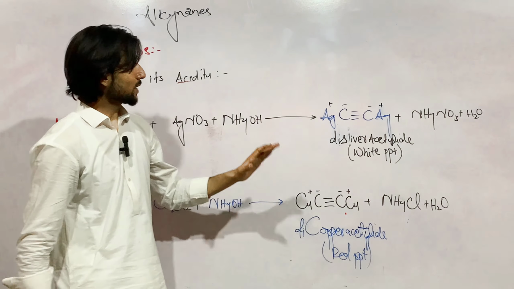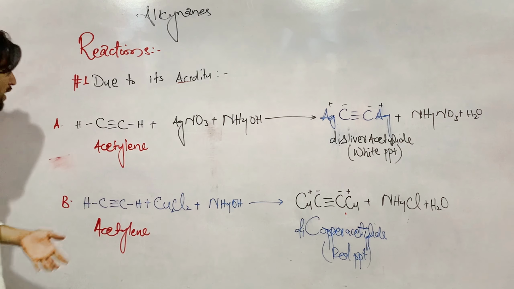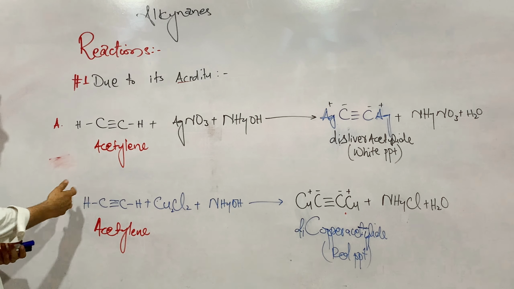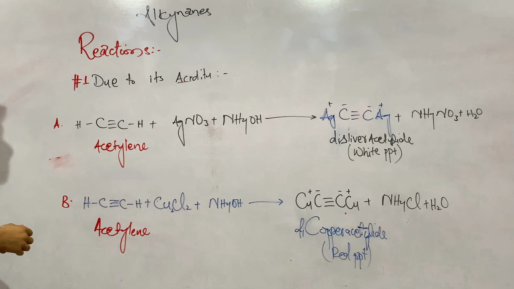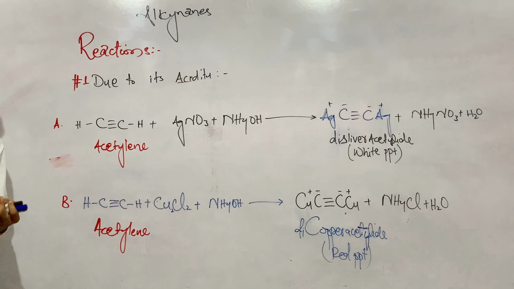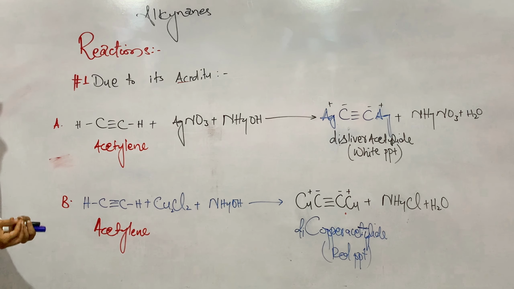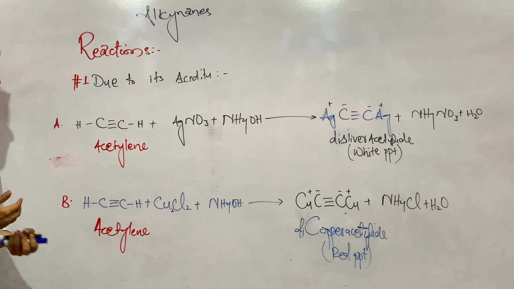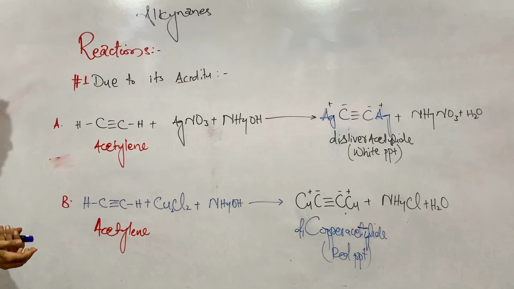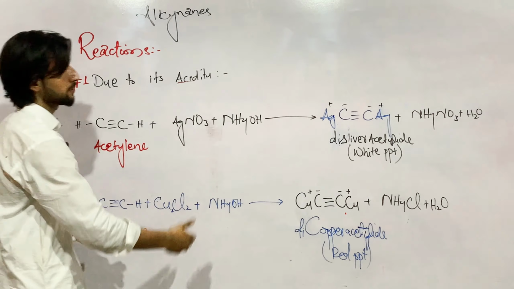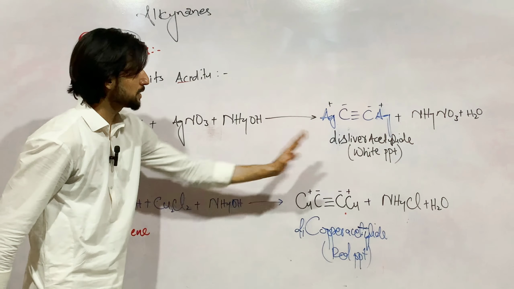So what I'm trying to say is we have converted an acetylene into a precipitate. This could be a test for the presence of a terminal alkyne, whether a triple bond is present at the terminal end or not. If it is present, you will see a PPT formation. Here in this case, a white PPT formation.